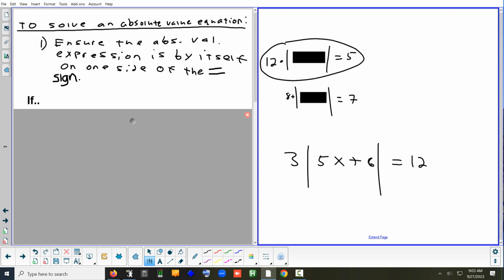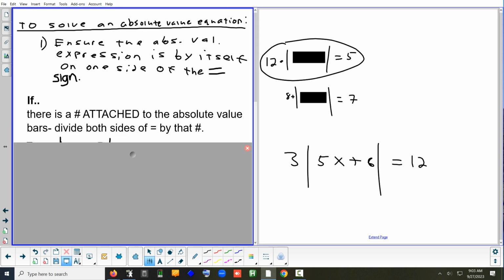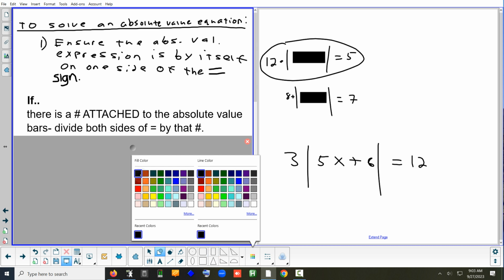It's like it's right next to it. So when something is right next to it, it means it's being multiplied. What's the opposite of multiply? Divide.